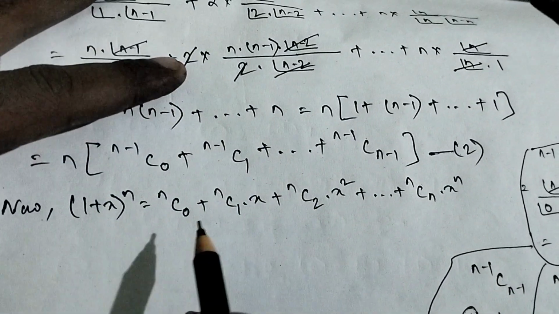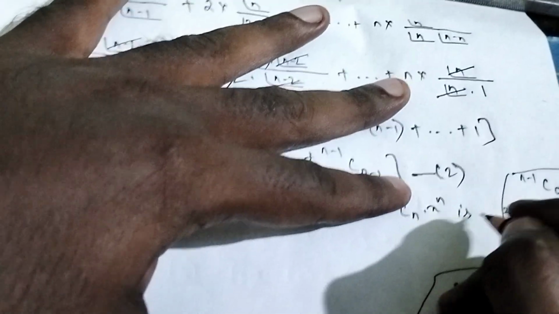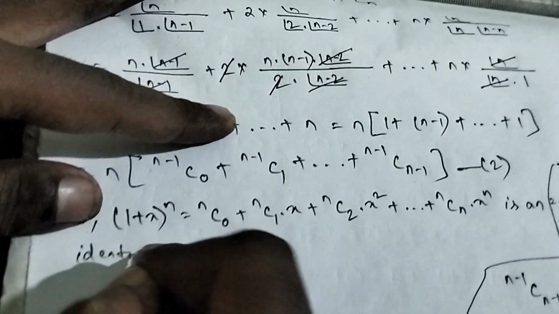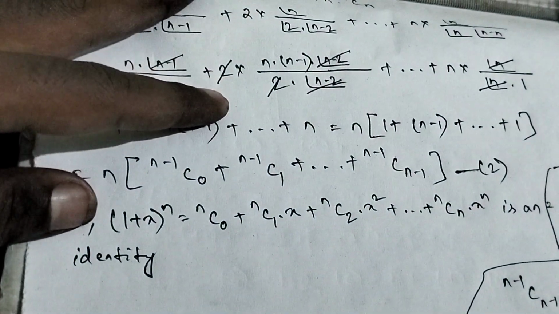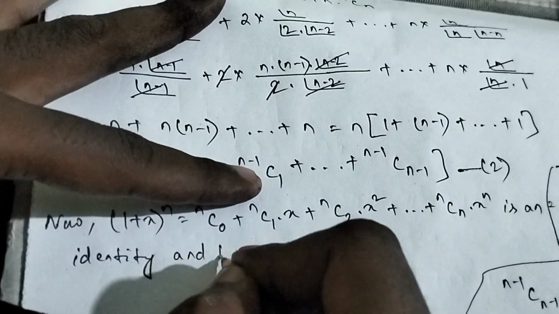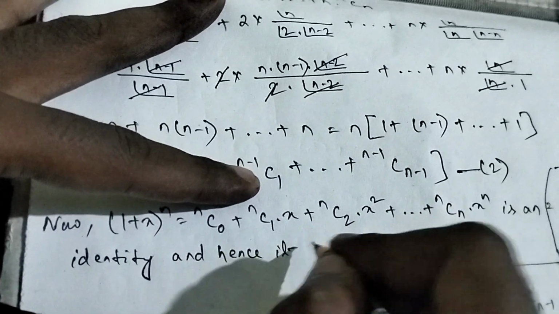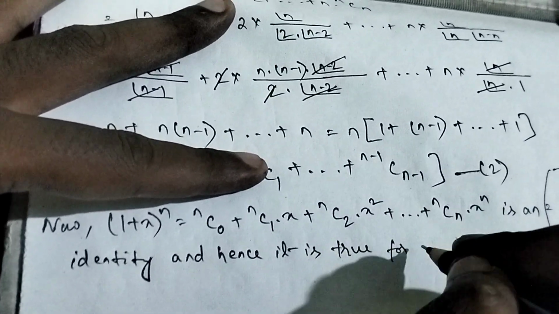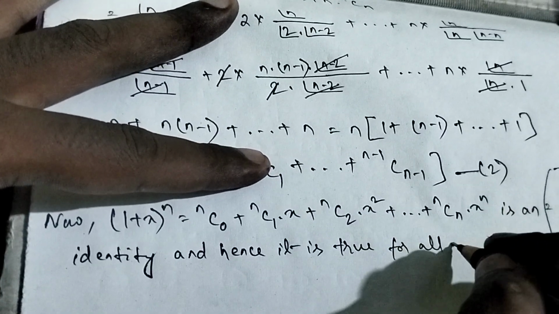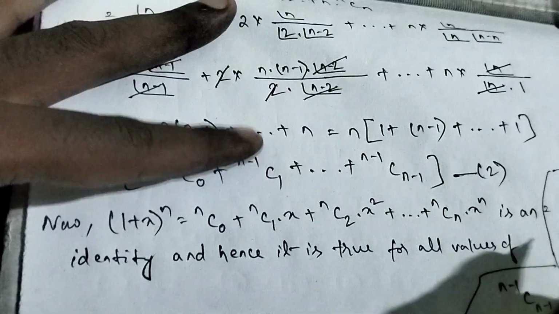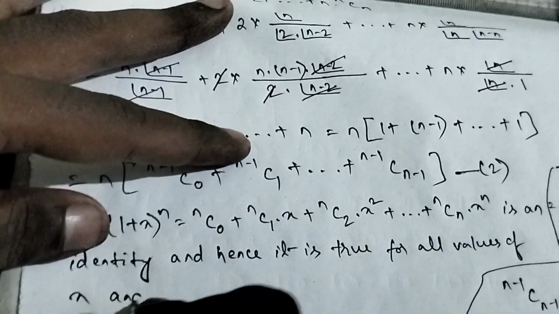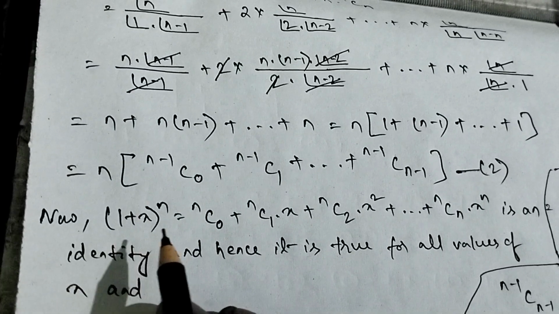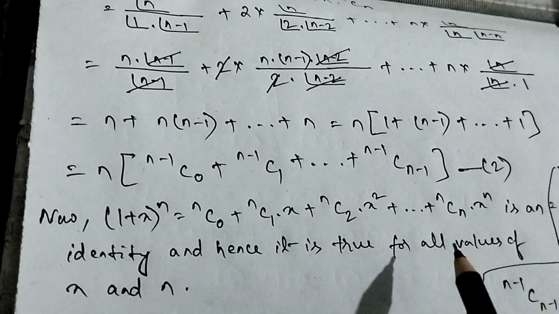So now it is an identity, and hence it is true for all values of x and n. (1 plus x) whole to the power n is equal to this one, it has been given in the question.